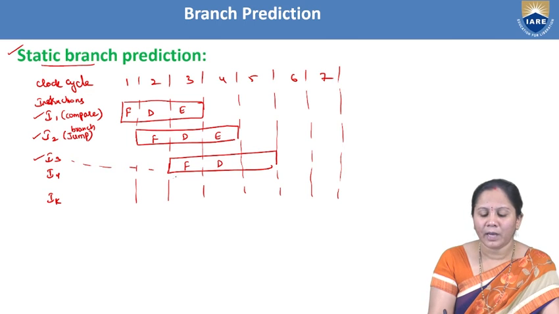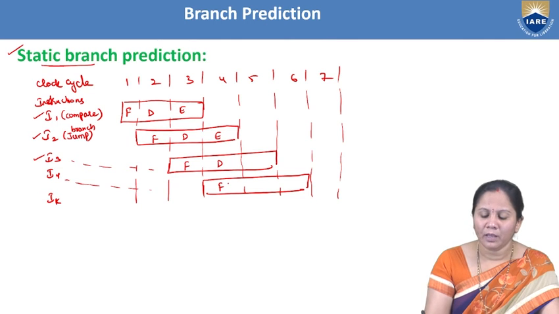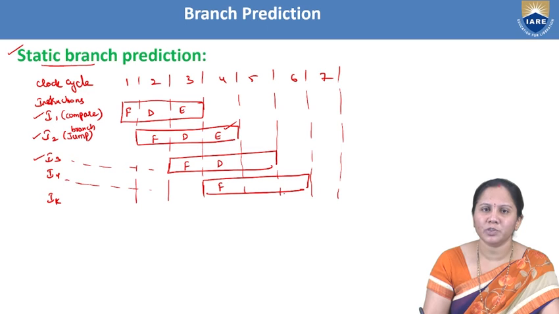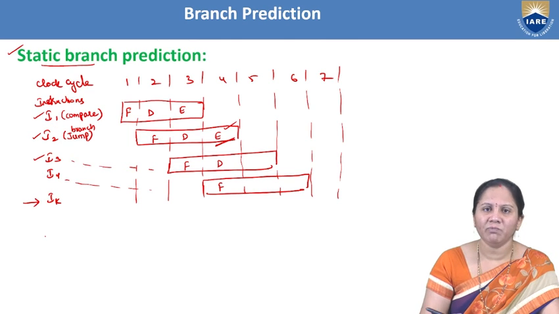When I3 is in decoding, I4 keeps being fetched. But when the I2 instruction comes into the execution position, it will know that the branch has to occur. That means the control has to move to the instruction where the branch has to go.